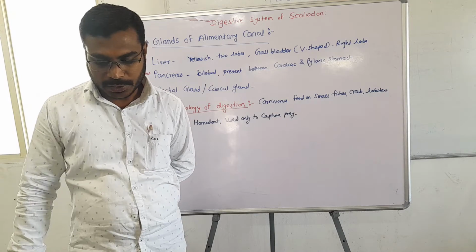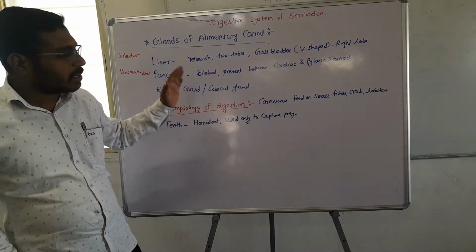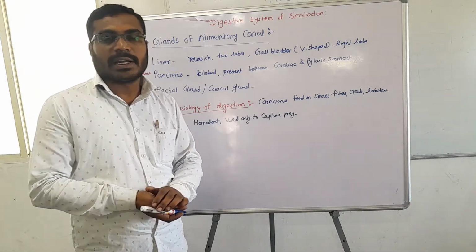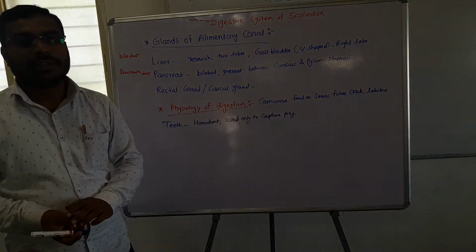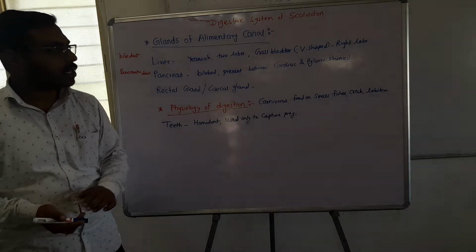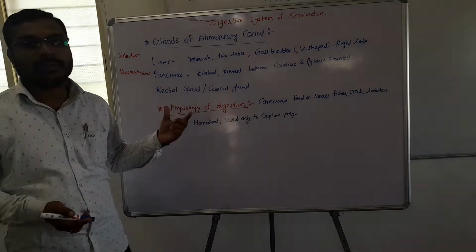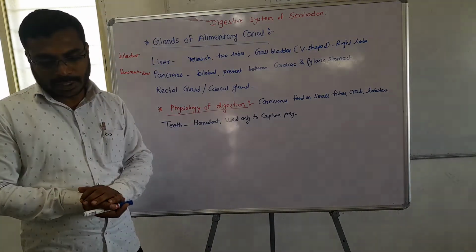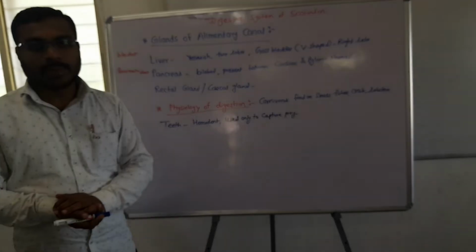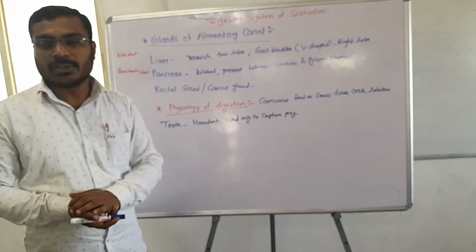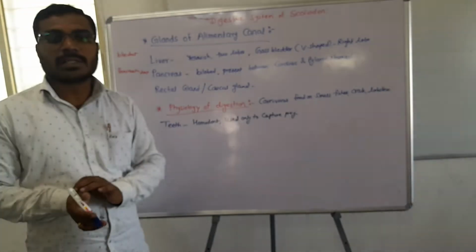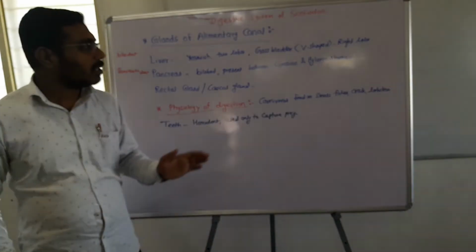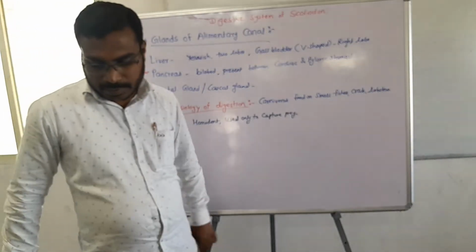The wall of the pharynx possesses numerous mucous glands, but their secretions are not involved in the digestion of food. After the pharynx comes the esophagus, which also has no digestive function in Scoliodon.